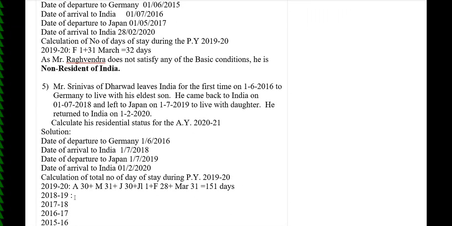So now when you look into this year, he came back to India on 1/7/2018. So from July he will be staying in India itself.